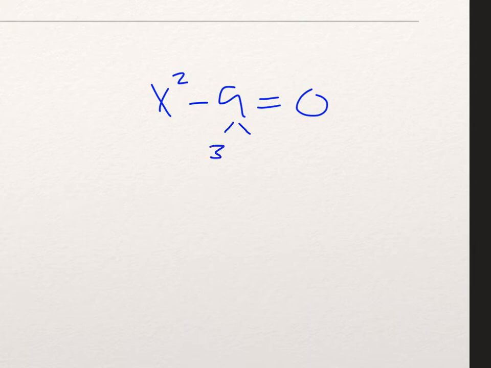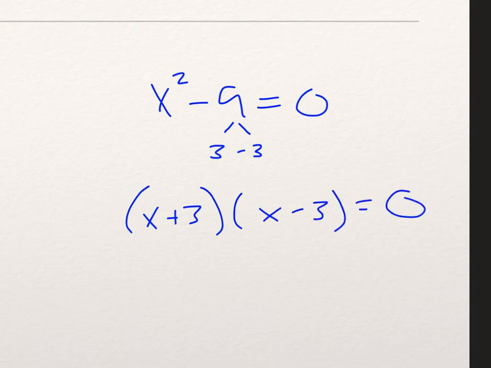What's 3 plus 3? 6. 3 times 3 is positive 9, but we need it to be a negative 9. So 3 and negative 3. Then we just plug it into our parentheses. We have x plus 3 and x minus 3. So if you like to do it this way, that works too.